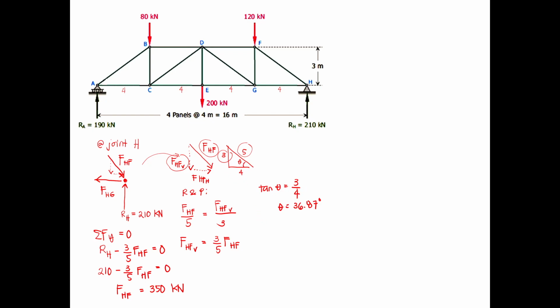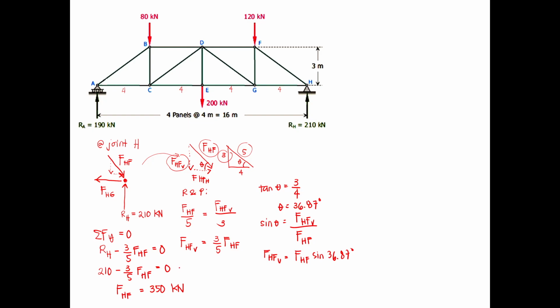So instead of having the ratio and proportion, since you know that angle theta is 36.87 degrees, you may use the sine function. Sine theta is equal to opposite side, so force HFV over force HF. Then you're going to have your force HF vertical is equal to force HF times sine 36.87 degrees.